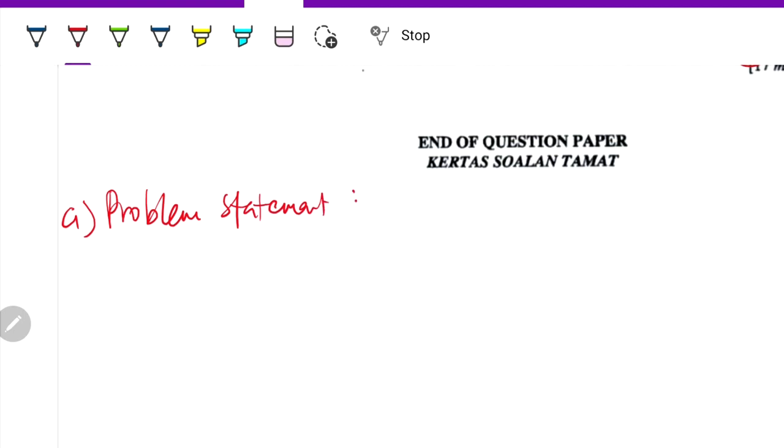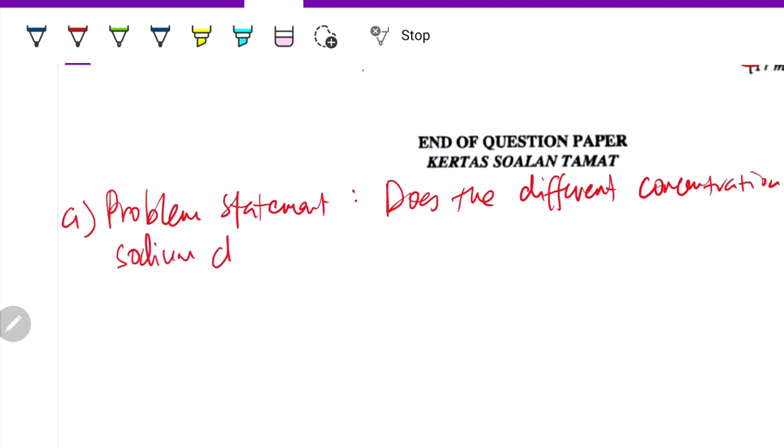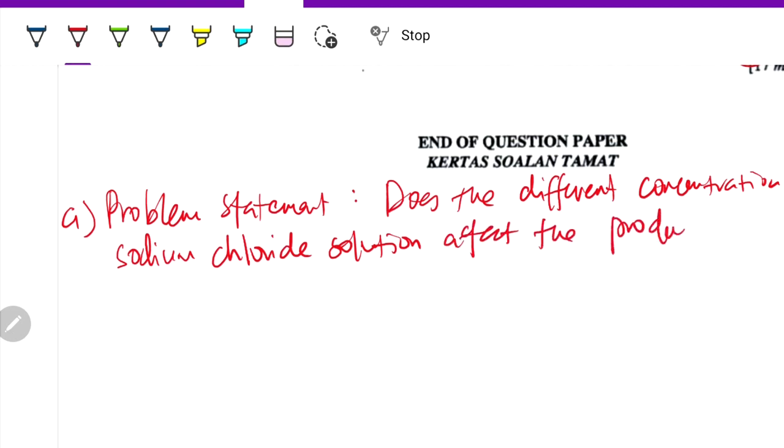We can ask, does the different concentration of sodium chloride solution affect the product formed at anode?